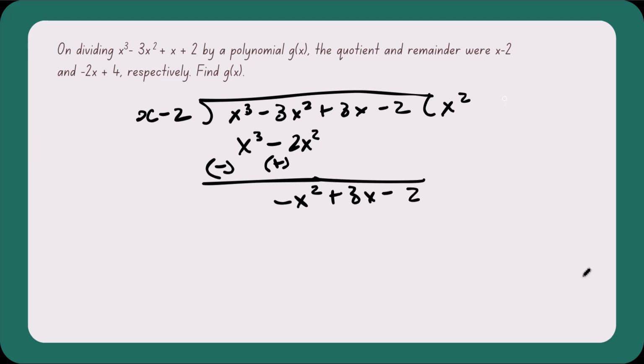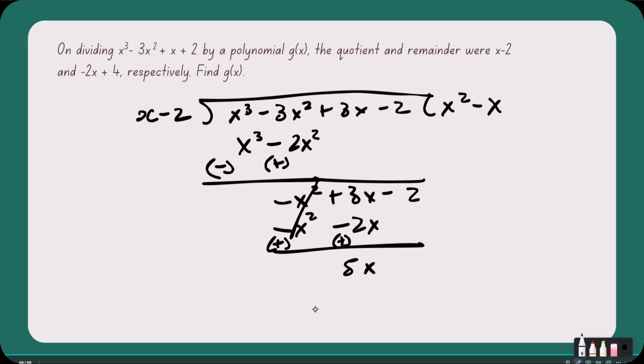So what do we multiply with? We'll multiply with minus x, right? So it will become minus x square, and we have minus 2x. So what happens to the answer? Did I make any error? Let me just check. Yes, I made an error. What is the error?